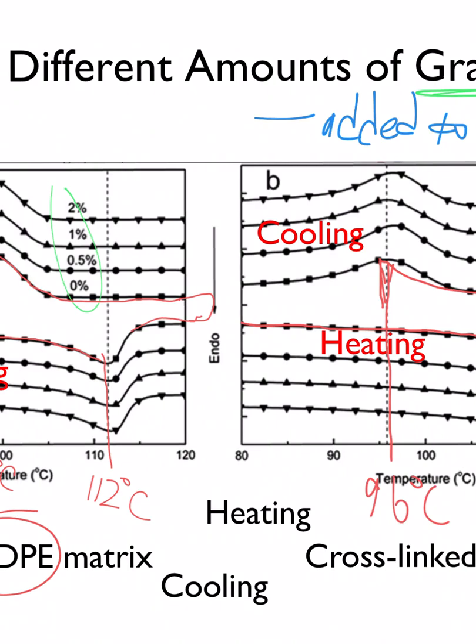Why the difference? It goes from 99 in the non-crosslink example to 96 when you have crosslinks present.